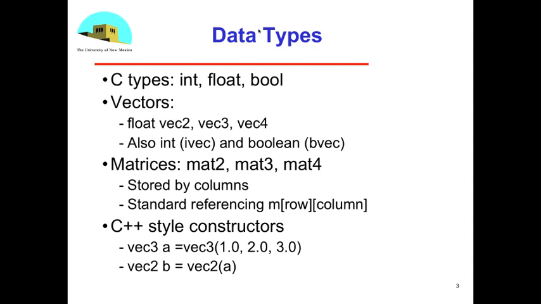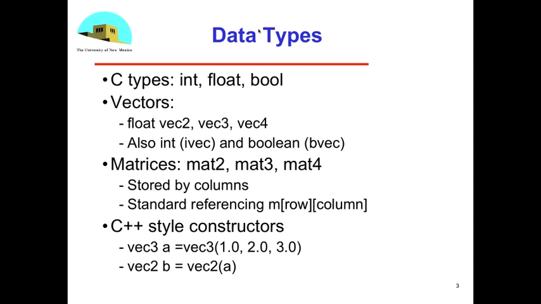We take care of that in the flatten function for the most part, so you'll usually be able to do what you're familiar with, and the switch to columns will be done within that function so that GLSL gets what it expects. You can do standard referencing by just using two indices as you would in C and C++.